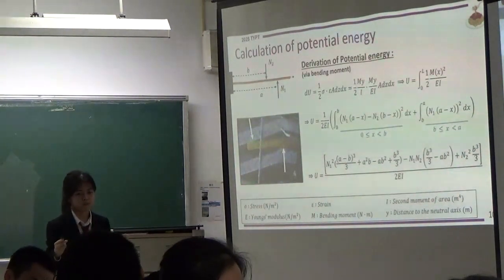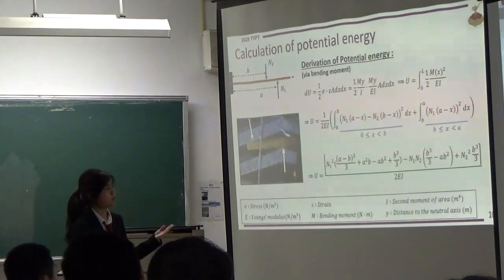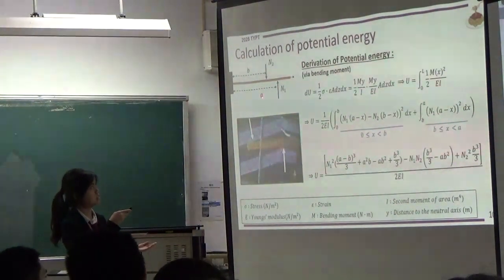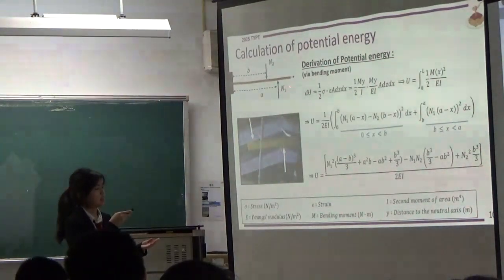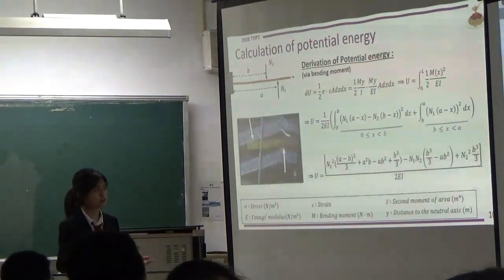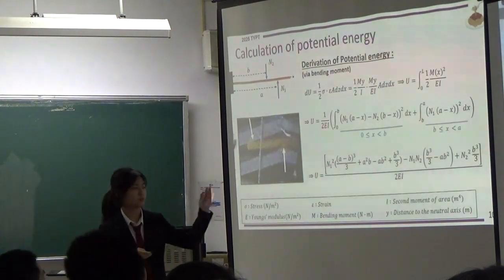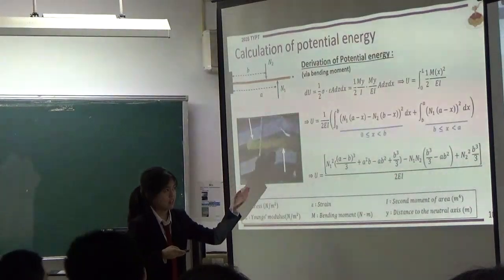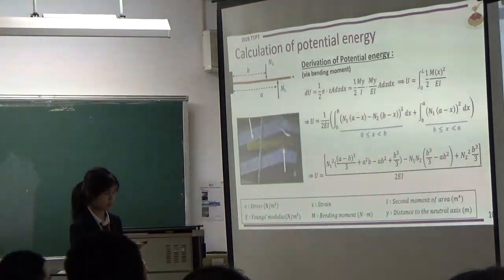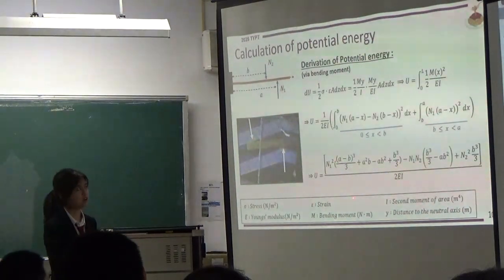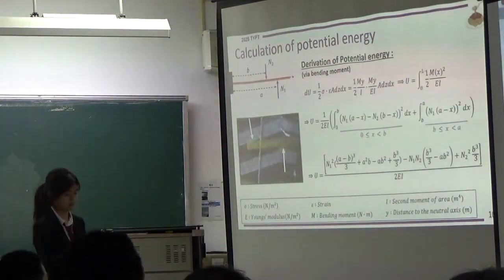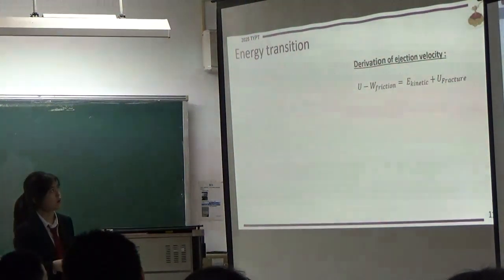And because we use the beam theory, we added the torques of the normal forces N1 and N2, which are A and B, into the calculation, and we calculate them separately. So this will be the final potential energy of the bending spaghetti.